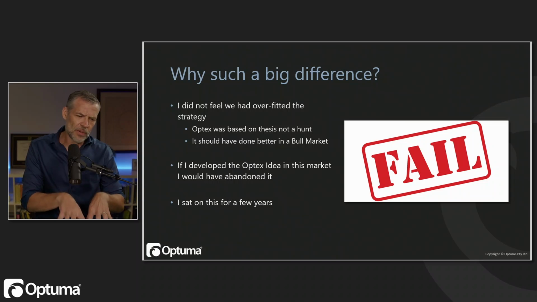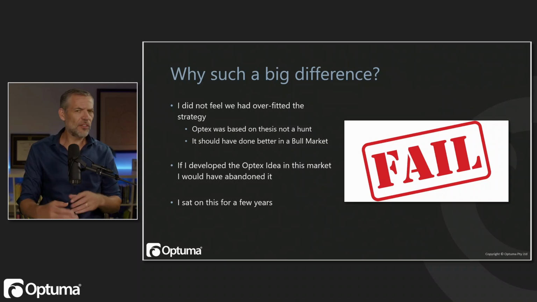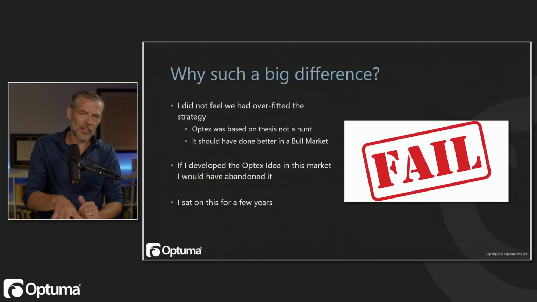We developed the thesis first and said, on a market profile type scenario, when price gets down into the third standard deviation, we've got this excursion away from price. And essentially that's the bones of what we're doing. We have some volatility adjusting going on, but nevertheless, that's the bones of it.